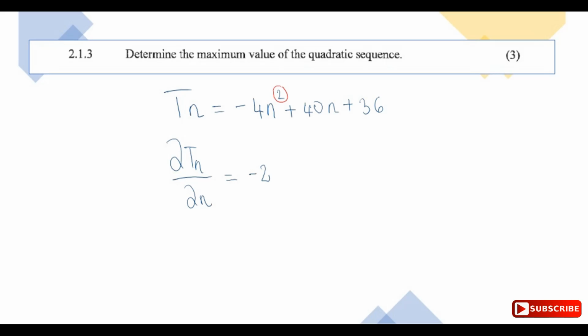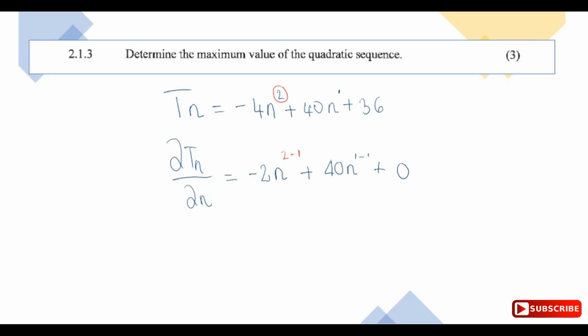And then you're going to be left with n to the power of 2 minus 1, and 2 minus 1 is 1. Plus 40, here we've got an invisible 1 there, and 1 multiplied by 40 is 40. And then you're going to have n to the power of 1 minus 1, which is 0, plus 0, because when you differentiate a constant, it's 0.